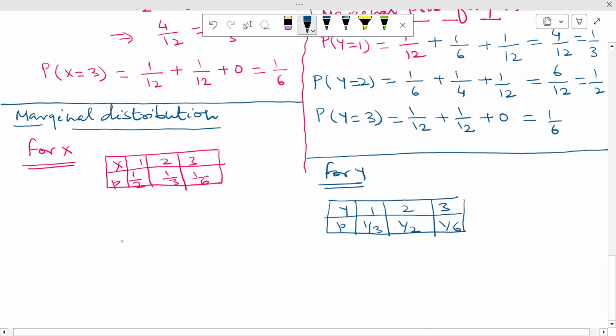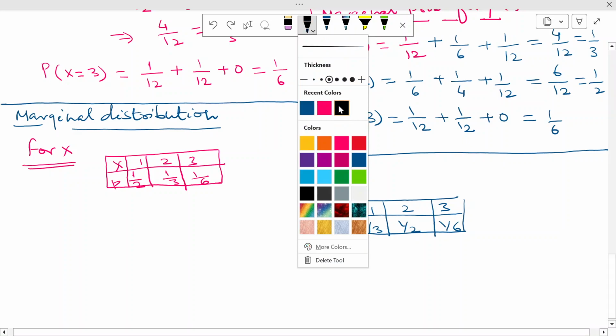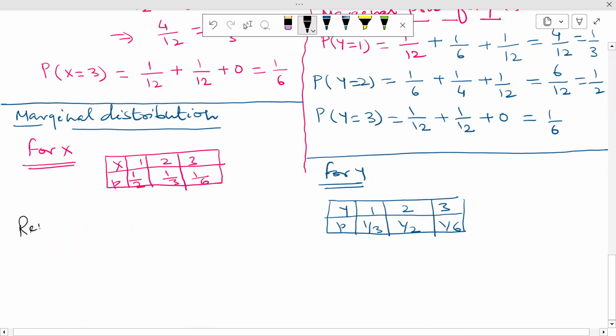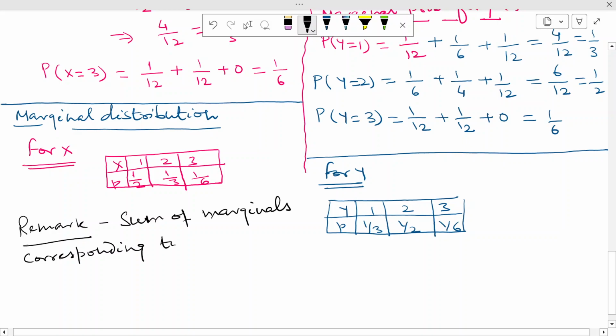Now here I would like to make a remark, which you can also use as a check condition: the sum of the marginal probabilities corresponding to a random variable x or y is 1.